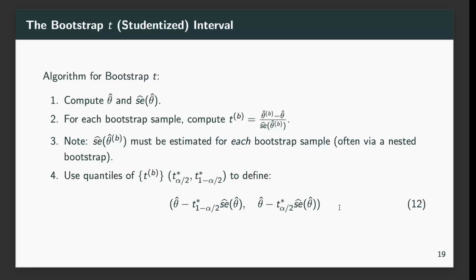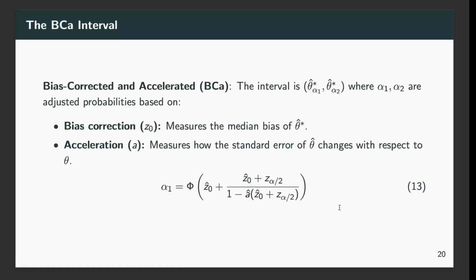Now we come to our superstar method, which is the bias corrected and accelerated interval. This is the method that is most recommended in most practical applications.